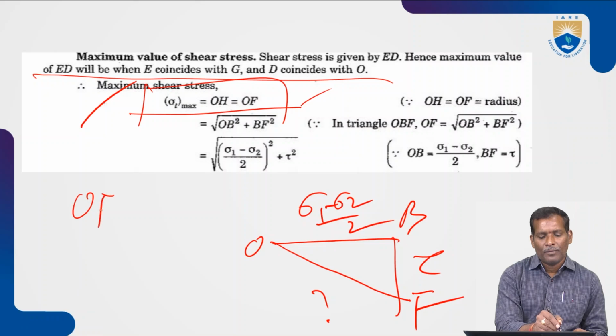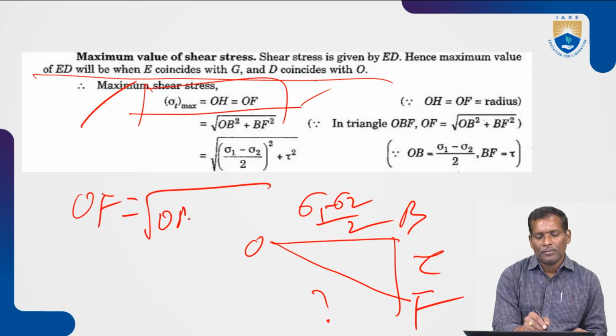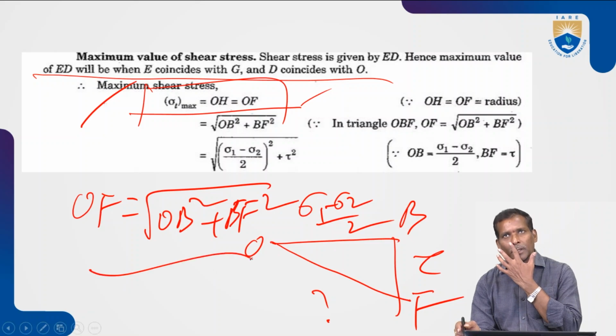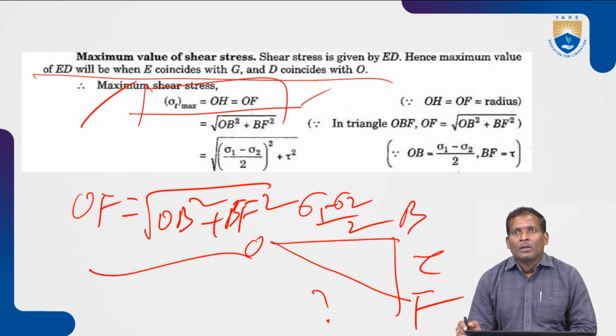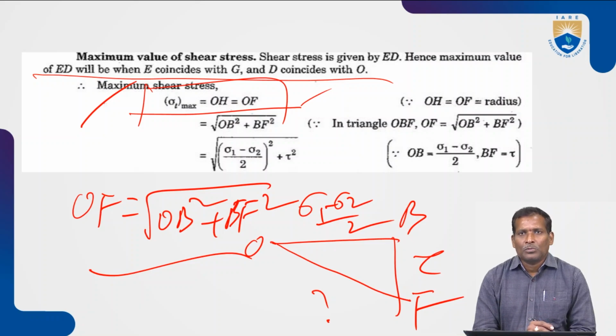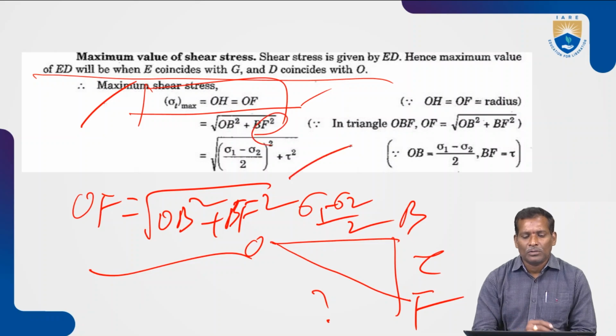OF is equal to the square root of OB square plus BF square, according to the Pythagoras rule. Now substitute OB as (sigma 1 minus sigma 2) by 2, and BF is the tau value.